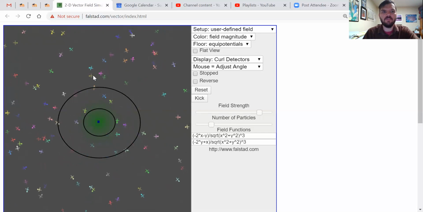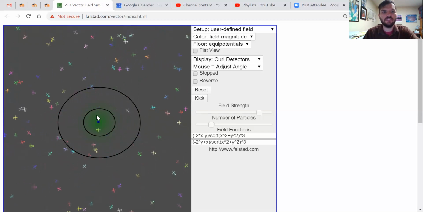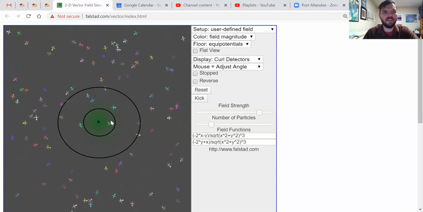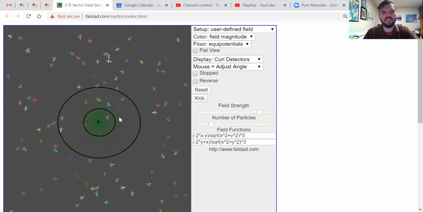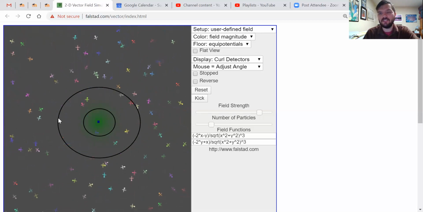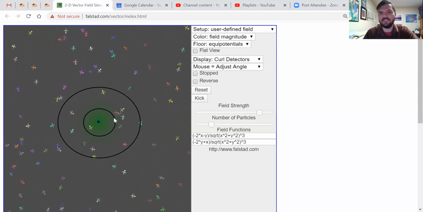So as they move, are they being rotated? Is there some rotation of these particles? Now they're getting pulled in so fast to the center that it's kind of hard to see that they are turning, they are curling around a bit, and the curl is quite dramatic right in the interior region right there.